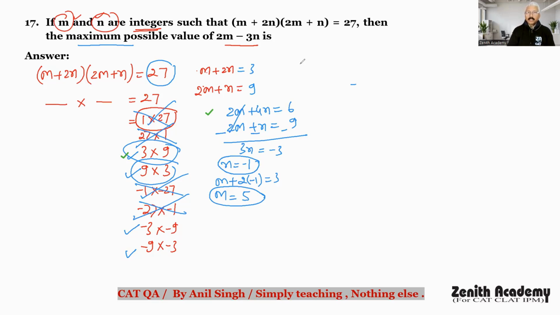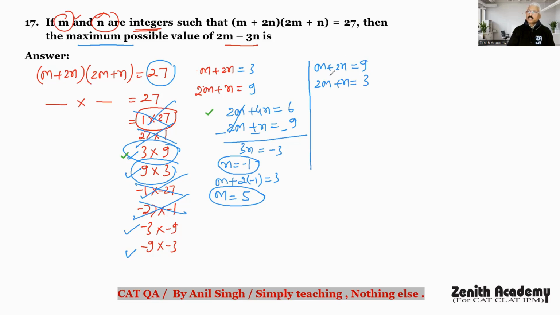And here, if I take m plus 2n is equal to 9, this is another, and 2m plus n is equal to 3.